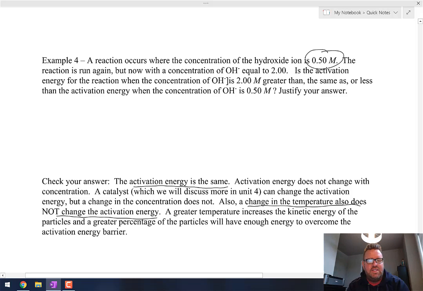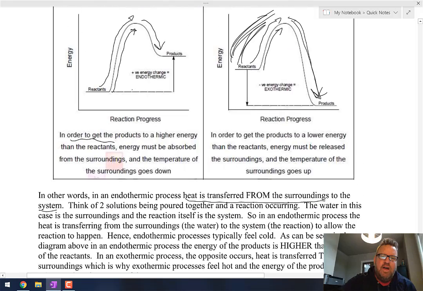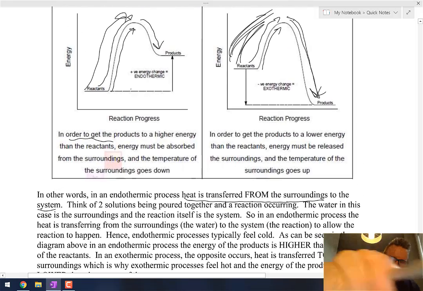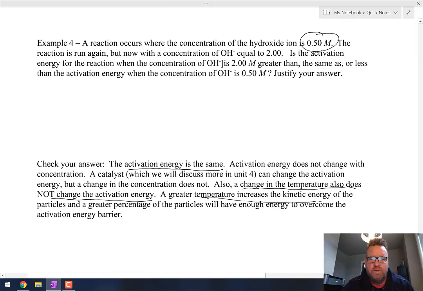By raising the temperature, we know that increases the kinetic energy, and therefore more of those particles are going to have enough energy to overcome this big activation energy barrier that we have here at the beginning. So a greater percentage of the particles will have enough energy to overcome that activation energy barrier.